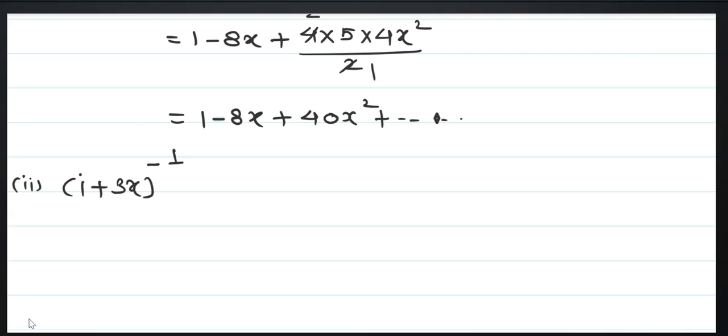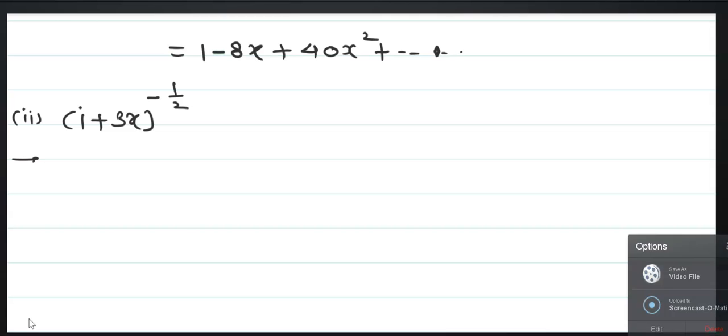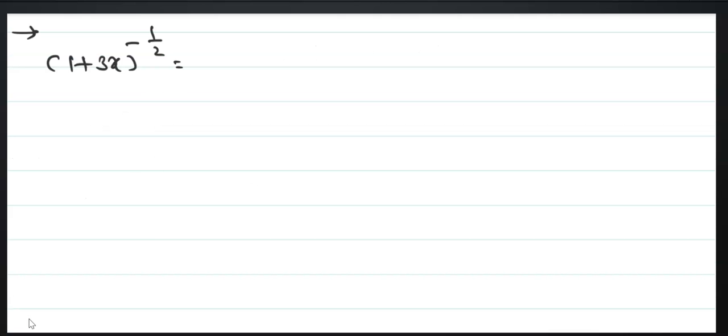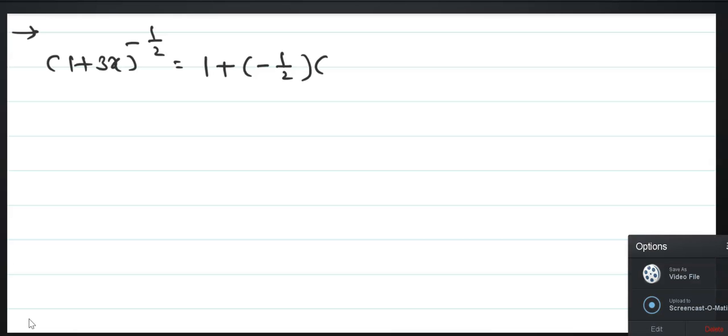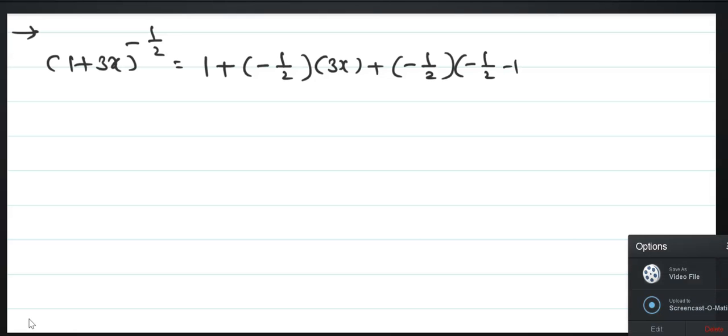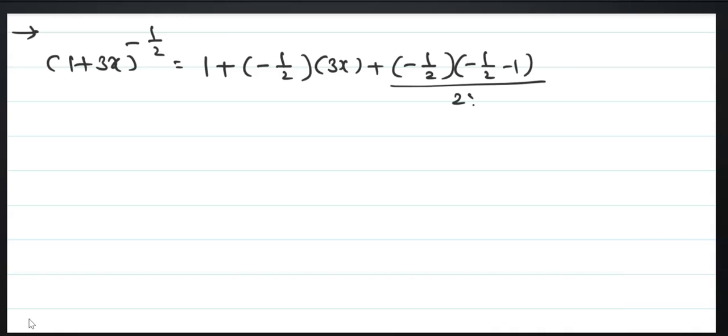Next, second: (1 plus 3x) raised to minus 1 upon 2. That is (1 plus 3x) to the power minus 1 upon 2, which equals 1 plus (minus 1 upon 2) into 3x, plus (minus 1 upon 2)(minus 1 upon 2 minus 1) upon 2 factorial, (3x) square.